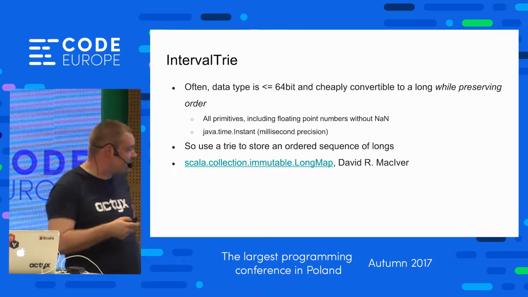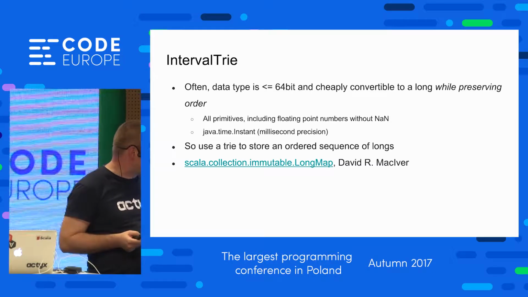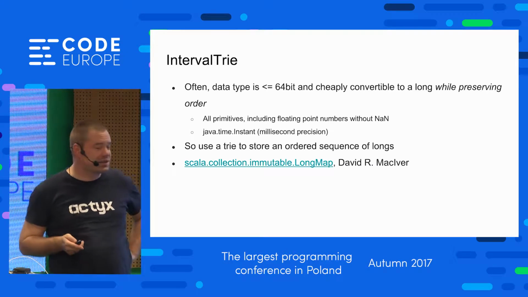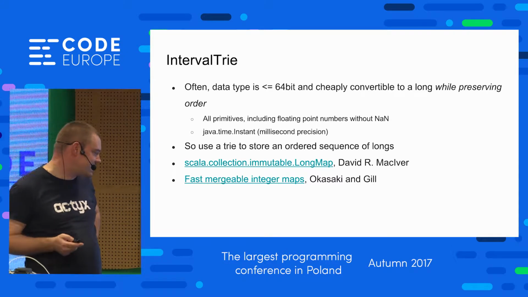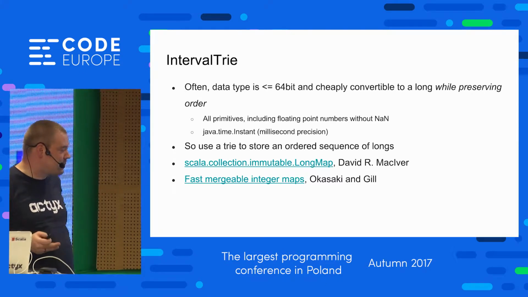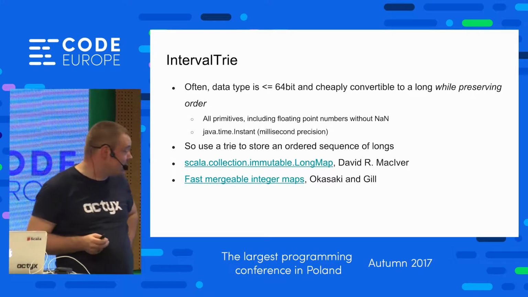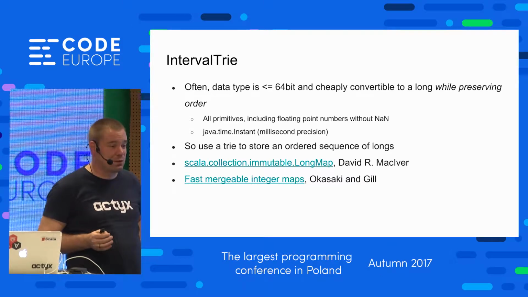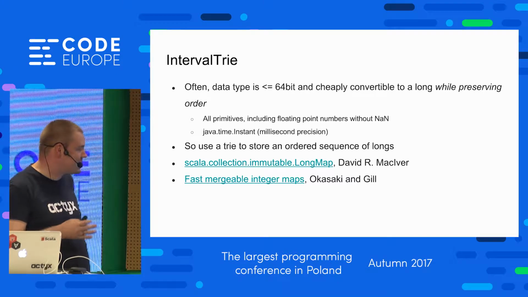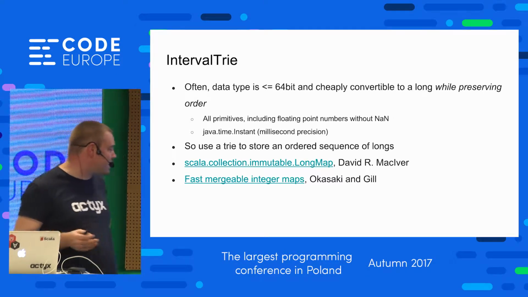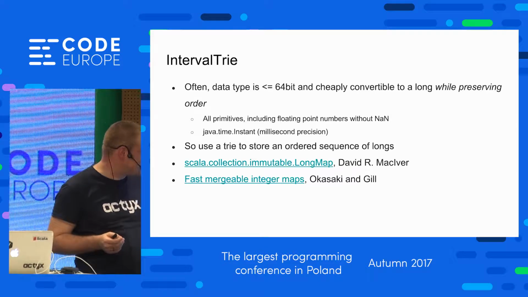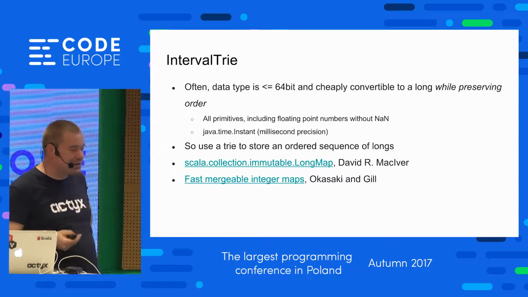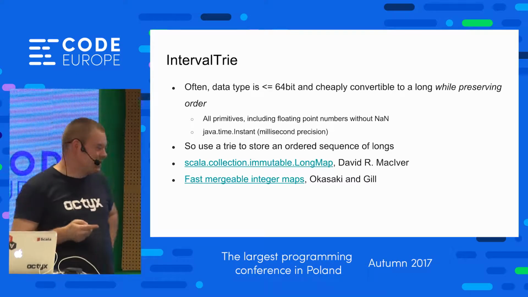I started with a data structure called long map, which is in the Scala collections library, and this in turn is implemented after a paper called Fast Mergeable Integer Maps by Okasaki. Okasaki is very famous in functional programming circles. He has invented a very large number of interesting and very important data structures. So when you search long enough, you always get to Okasaki, basically.